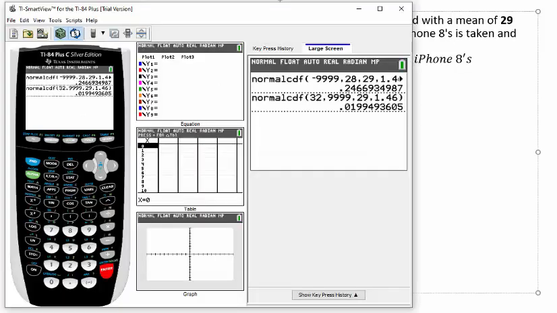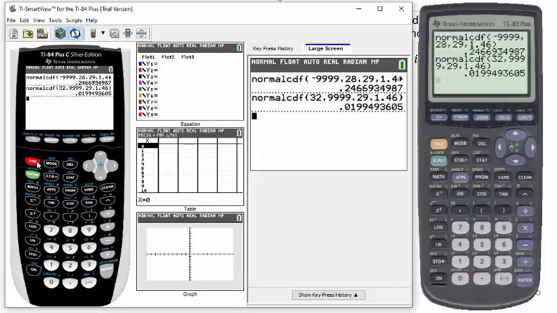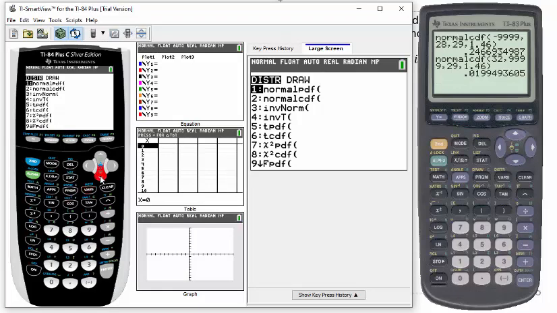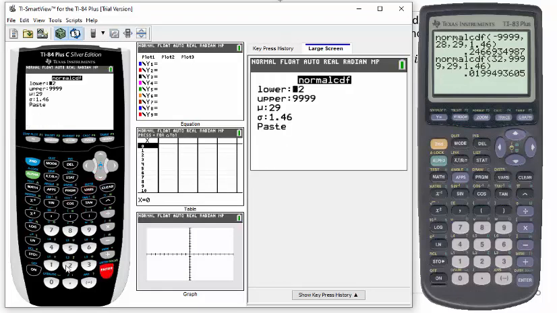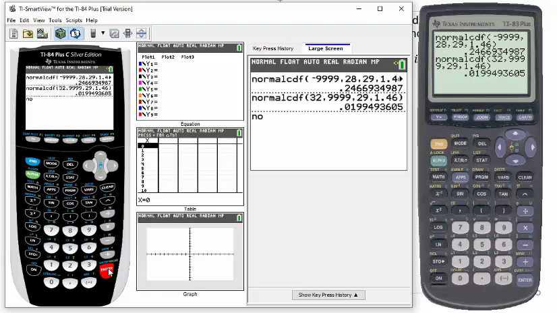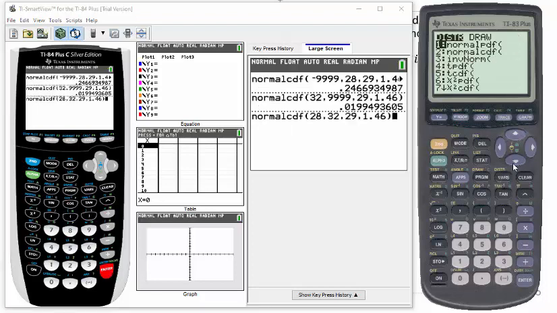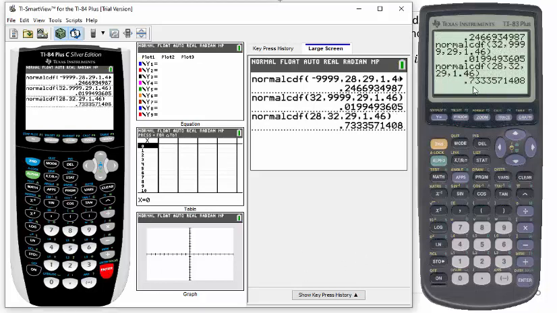The easiest way again is to just use your calculator. Go to second function, distribution, normal CDF. Now I want to be between 28 and 32, so my lower is 28 and my upper is 32. Over here, you actually have to type it all in again: between 28 and 32, the average is 29, and the standard error is 1.46. And look, you get the same thing, 0.7333.